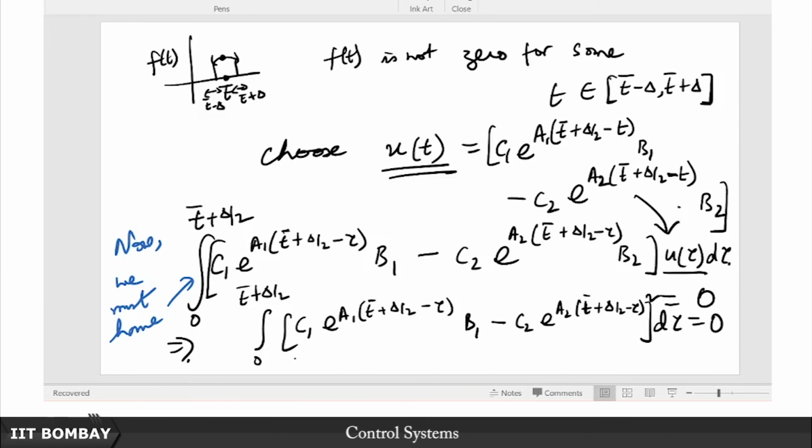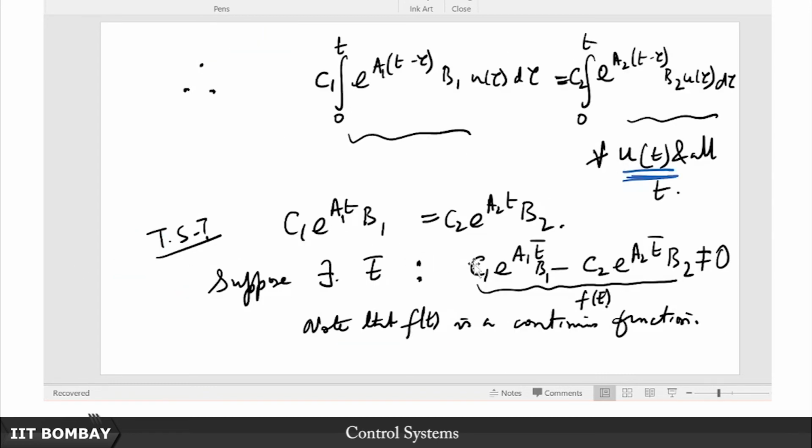But can this be true? See, this is a positive quantity, or at least a non-negative quantity. Now this is always greater than or equal to 0, and we know that over some interval at least, up to t bar plus delta by 2, this has a non-zero value.